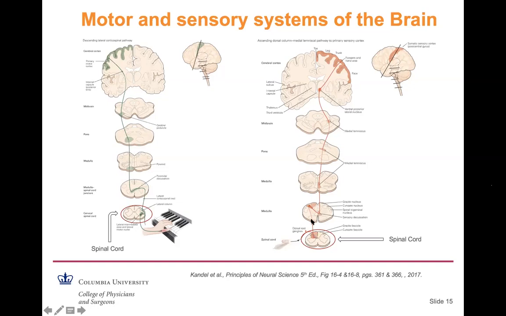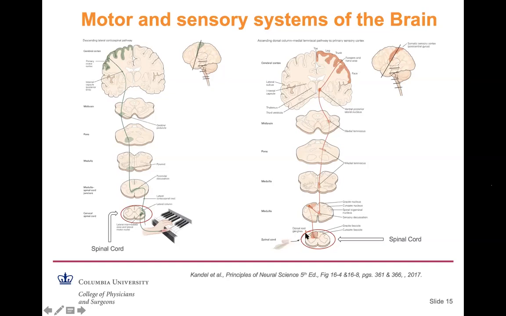It travels up the dorsal columns in the spinal cord, or via the spinothalamic tracts. These are sensory pathways that carry the perception of pain. They carry the information to the sensory cortex where it can be analyzed, and they travel up either via the spinothalamic tracts or the dorsal columns, depending on the type of sensory stimulus.